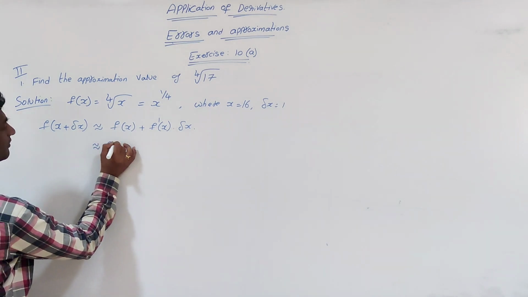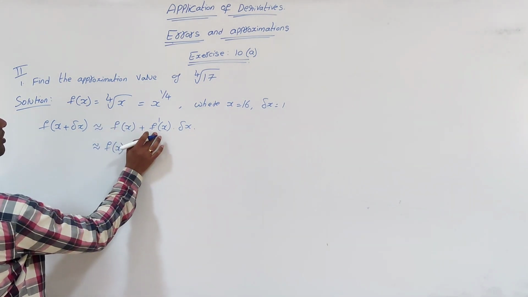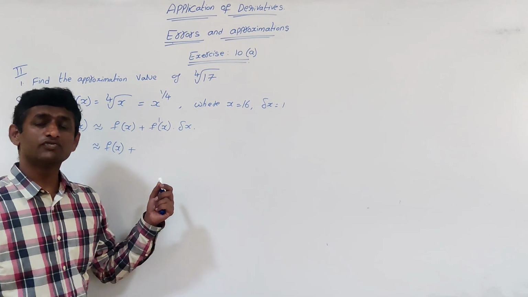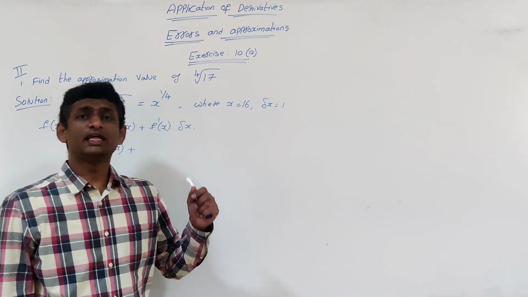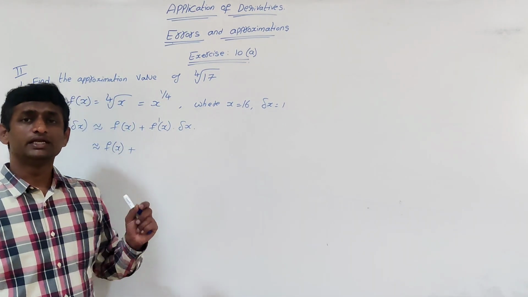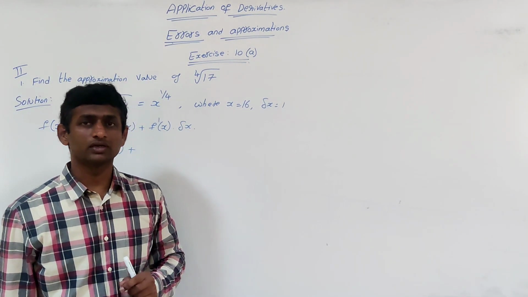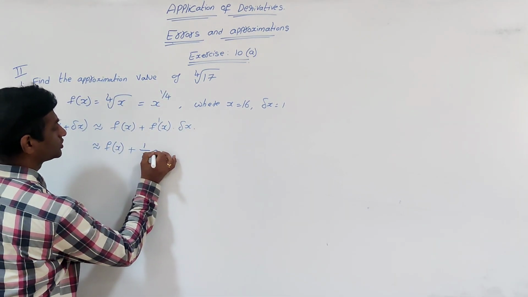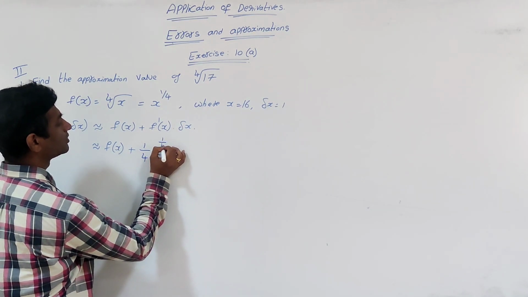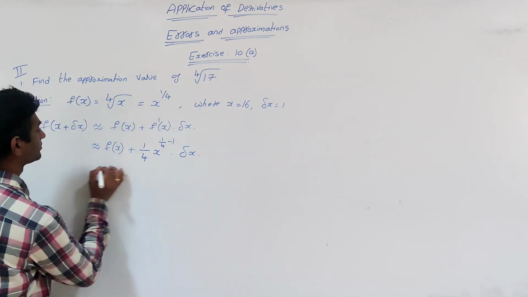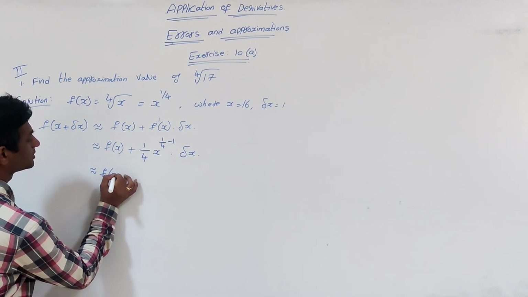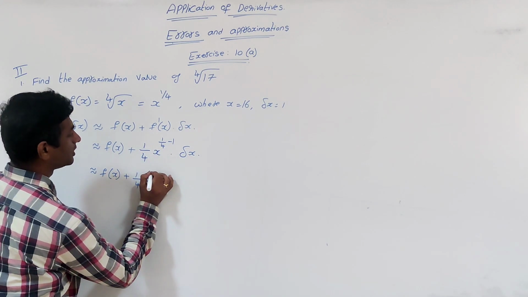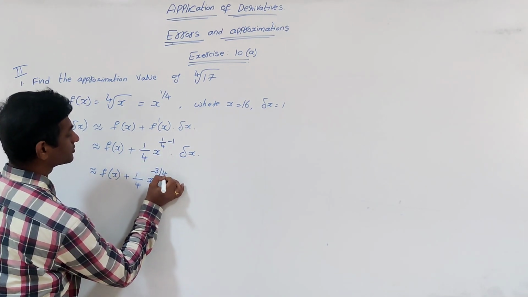What is the derivative of x to the power of 1 by 4? It is in the form of x to the power of n. The derivative of x to the power of n is n into x to the power of n minus 1. But in the place of n it is 1 by 4. So it will be 1 by 4 x to the power of 1 by 4 minus 1, into delta x, which is f of x plus 1 by 4 x to the power of minus 3 by 4 into delta x.